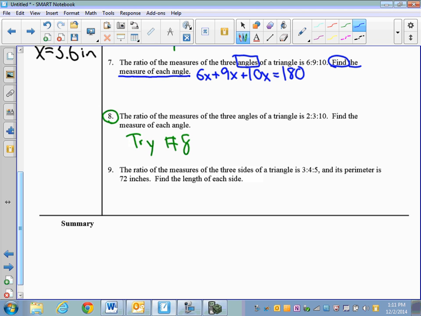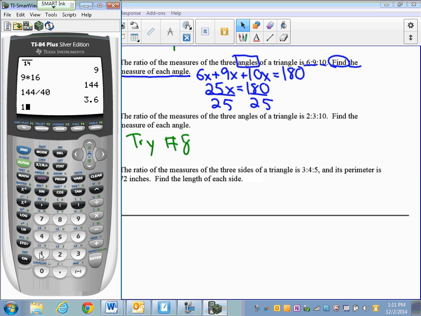That's where that 6 part's coming from. The 9 and the 10 also come from that same thing. So I combine like terms. I add them up. I get 25x is equal to 180. I divide by 25. So x is equal to 7.2.